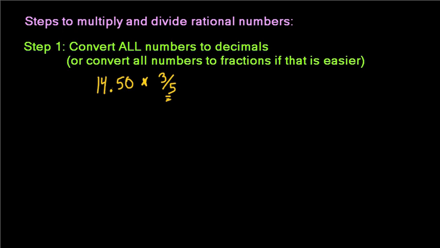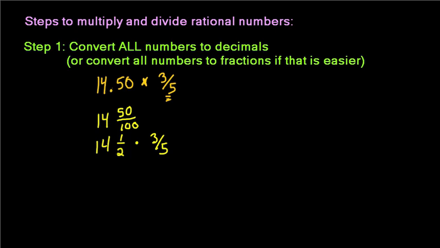The way you would do this is you would say, okay, I got 14 whole numbers and 50 hundredths, and if I simplify it, that's 1/2. So I can do 14 and 1/2 times 3/5.